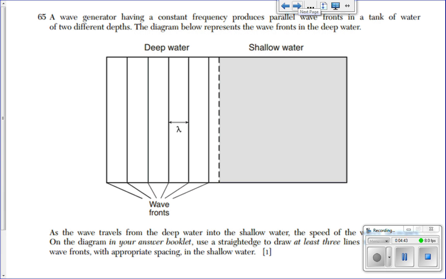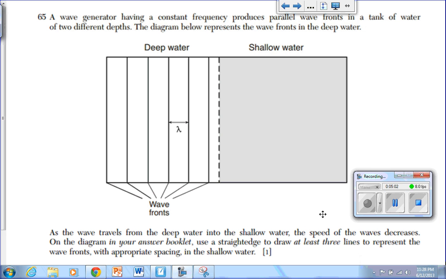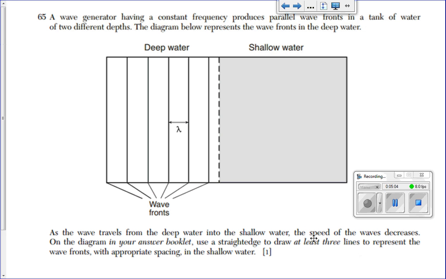This question can be a little challenging if you're not really sure what you're looking at. This is a set of waves that are traveling through the water, and it's saying you want to draw the waves in the shallow water as the speed of the waves decreases. If the speed of the wave decreases, that means the wavelength is going to get smaller.